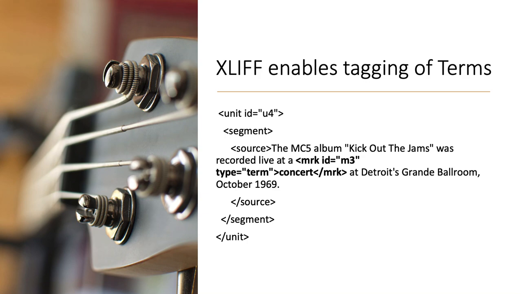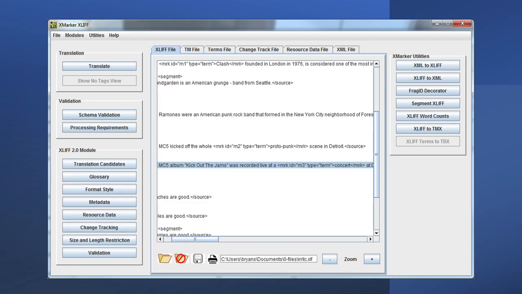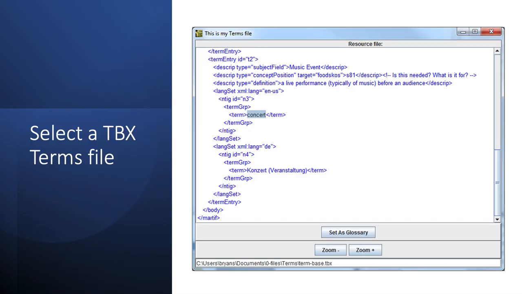So XLIFF enables the tagging of terms. So we learned last week that we have this MRK element that will let us identify something as a term. We then, in our XLIFF file, can notice that we have this term. And this is how it looks in this particular computer-aided translation tool.